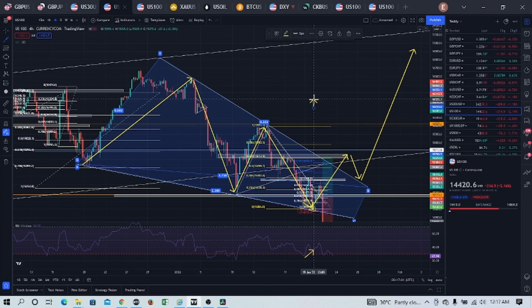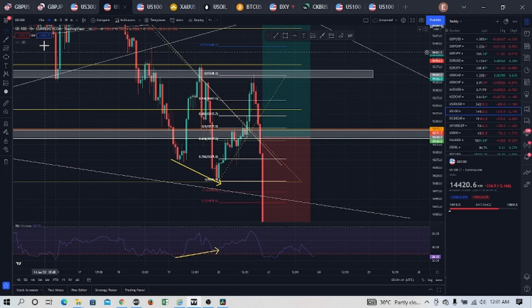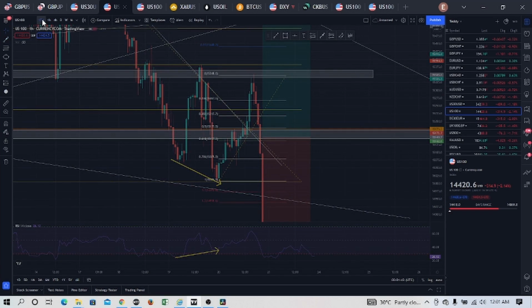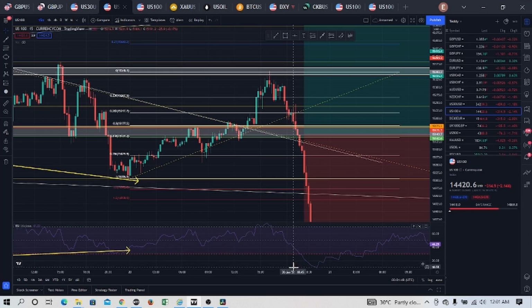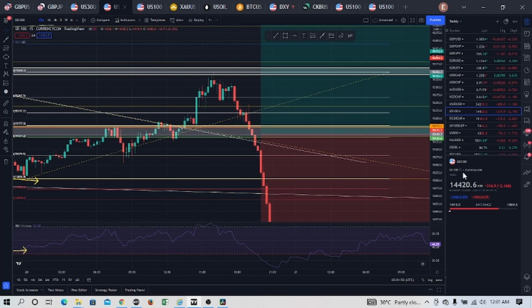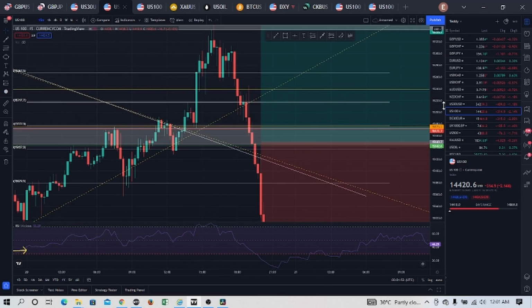Okay, so now I went to the 15-minute candle to see some rejections or some candlestick formation for my confirmation to enter the trade. And as you can see, all this is bearish.